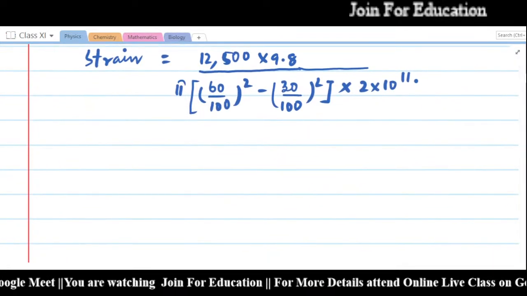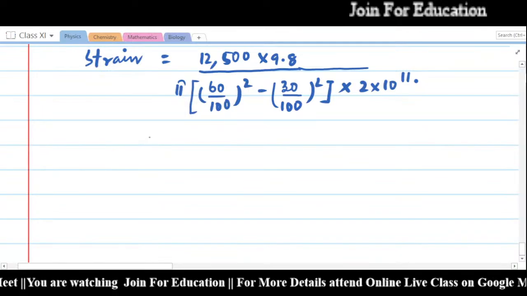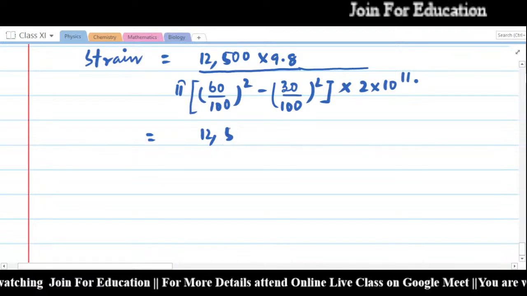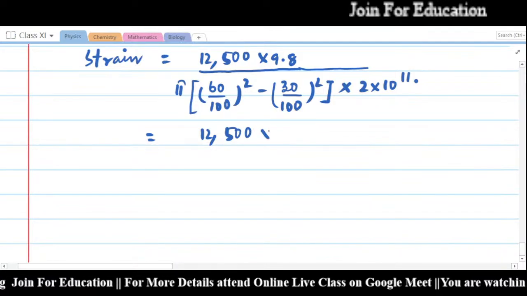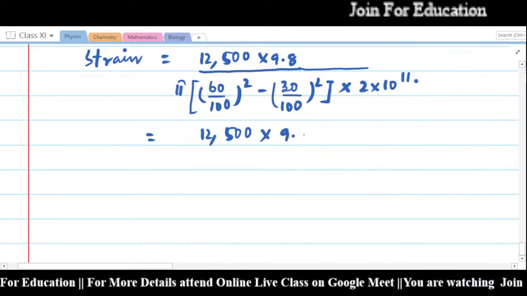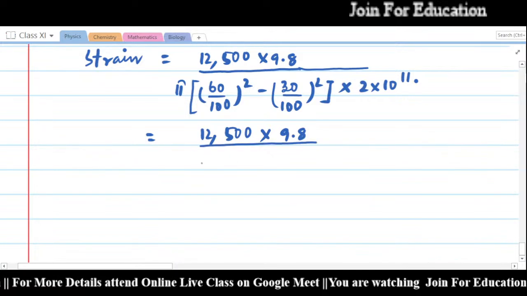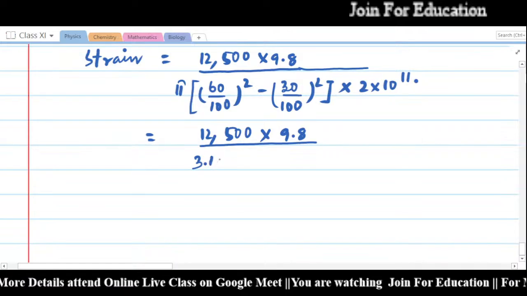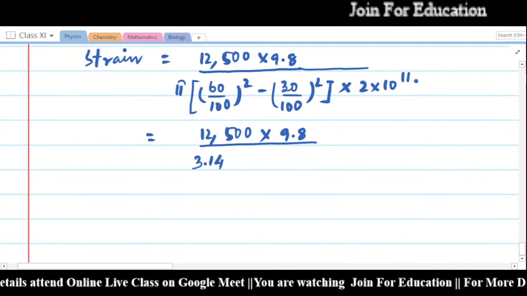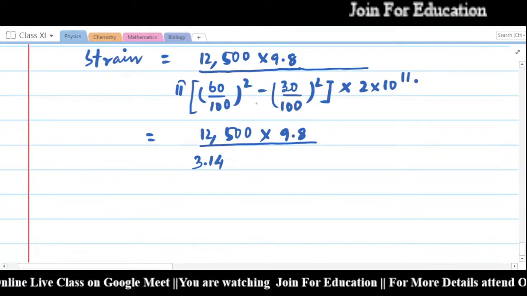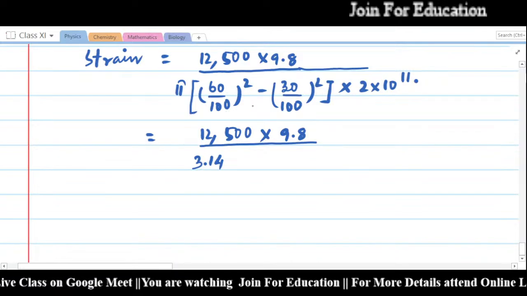So let's see your next step. 12,500 into 9.8 by the value of pi is 3.14, and this is in the form of a square minus b square.